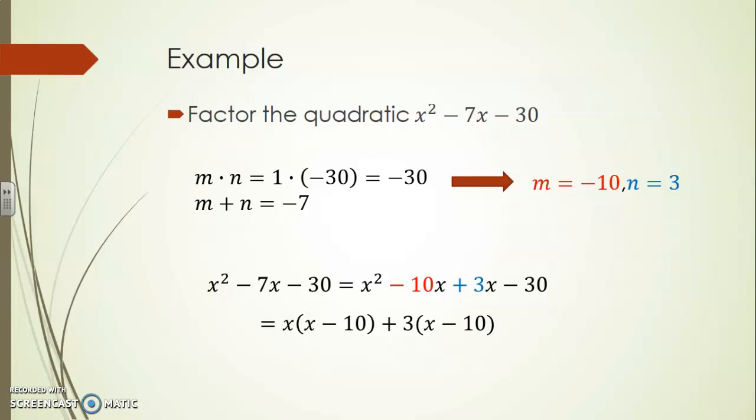And here's where we can tell that our procedure is actually going to work. We have created common x minus 10s within each term of the expression that we have. x minus 10 can be factored, leaving x plus 3. x minus 10 times x plus 3 is the factored version of x squared minus 7x minus 30.